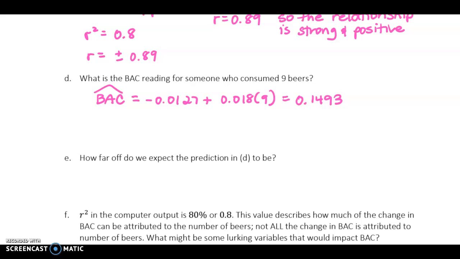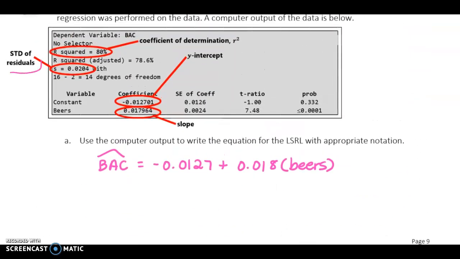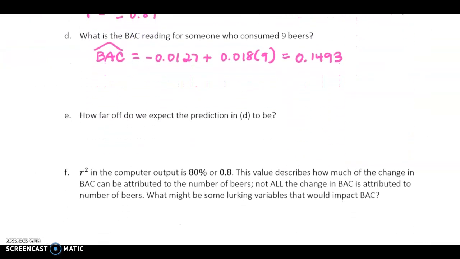And then question E says, how far off do we expect that to be? Well, you could find a residual. The only problem is that we don't have the data, so we don't know what the actual residual is. However, going back up here, this standard deviation of the residuals is 0.02. That gives us what's called our prediction error.